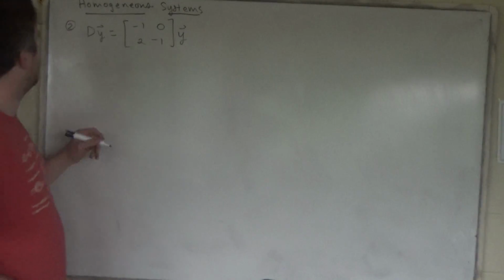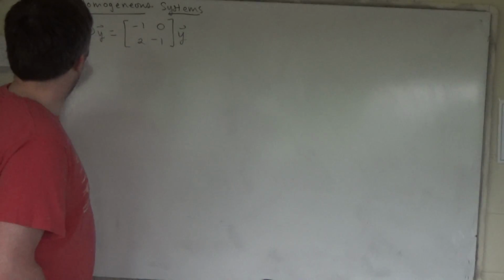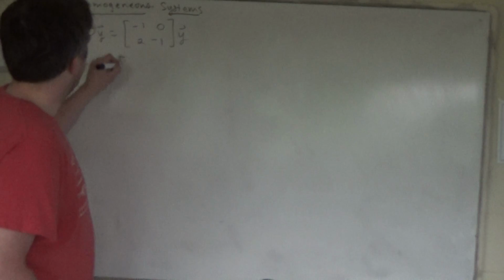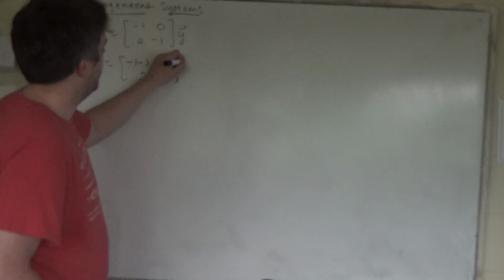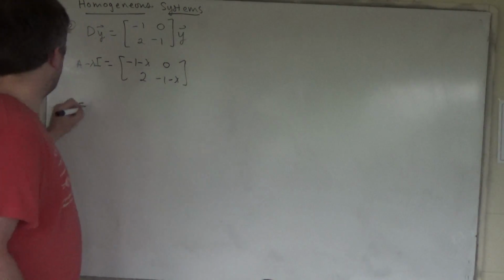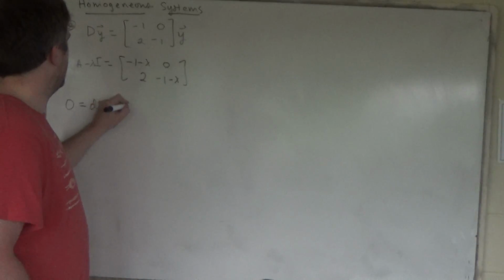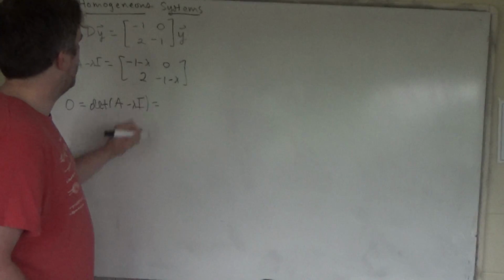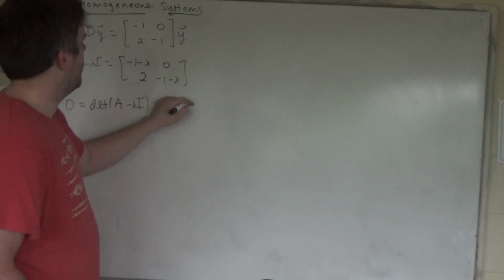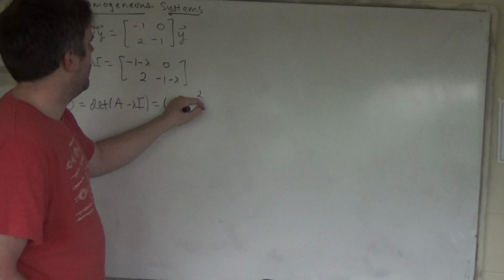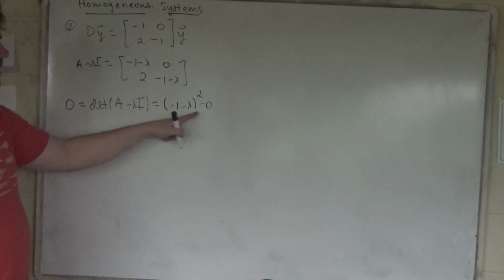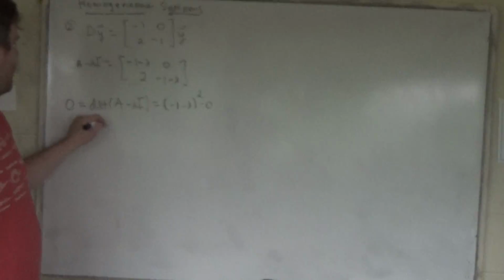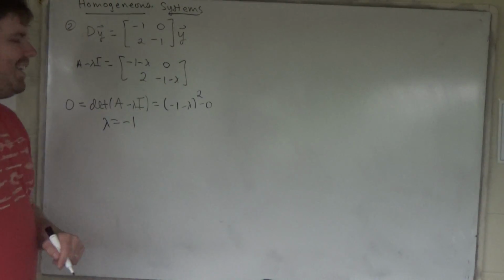And we just follow the same procedure. We first find the eigenvalues. A minus lambda I is -1 minus lambda, 0, 2, -1 minus lambda. Setting the determinant equal to 0, we can see that the 0 doesn't affect anything, so I just get lambda equals -1, and it's repeated.